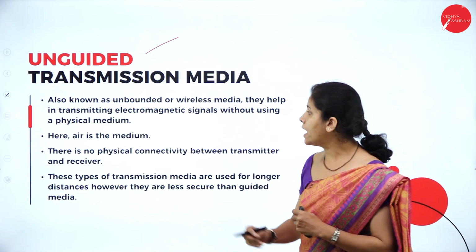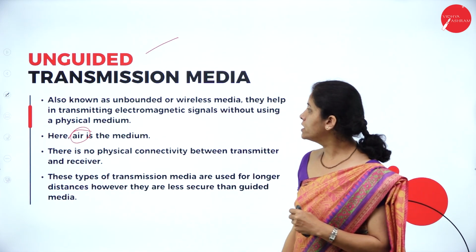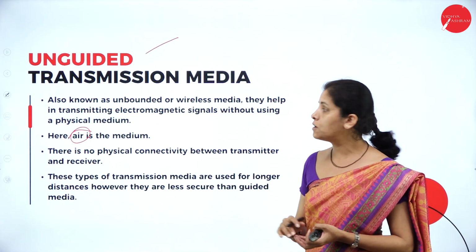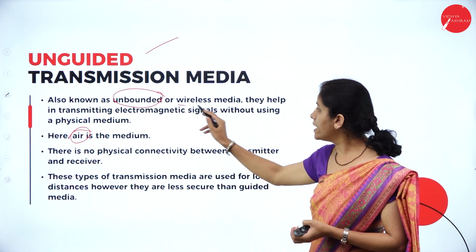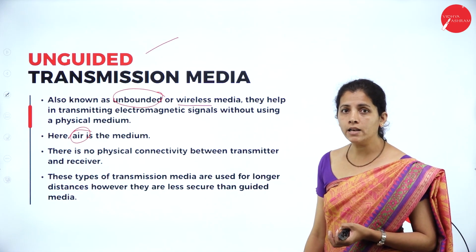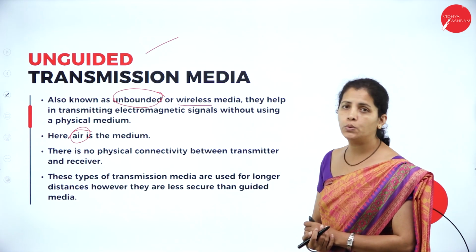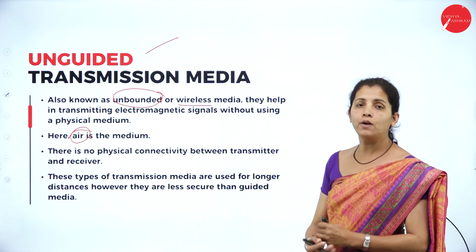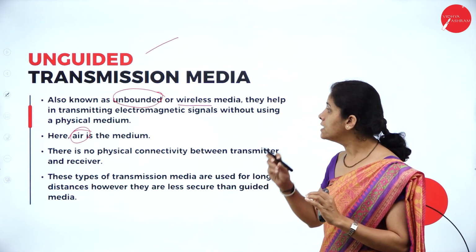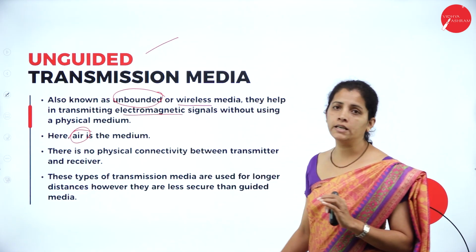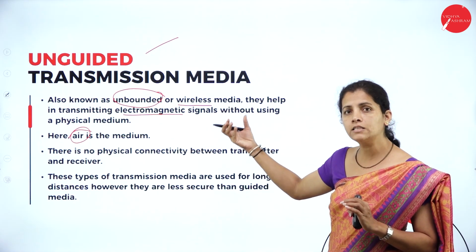That is via the air or via free space. So here unguided media is also called unbounded or wireless media. And to transfer the data, we are going to use free space. And what kind of data or what kind of signals are we going to transfer? That is electromagnetic signals.